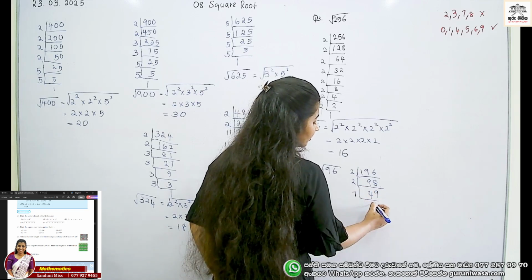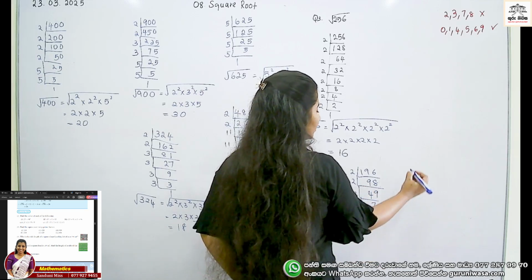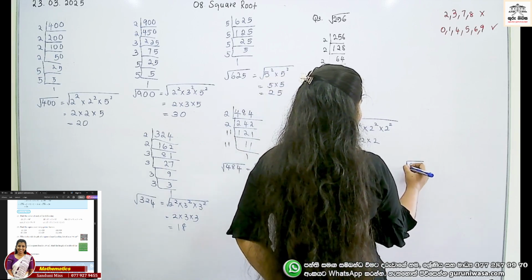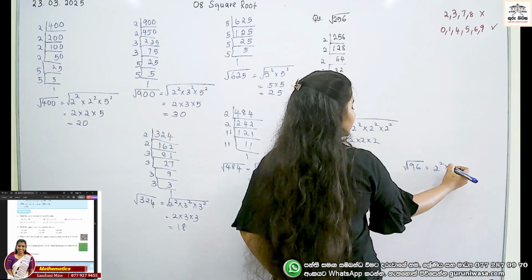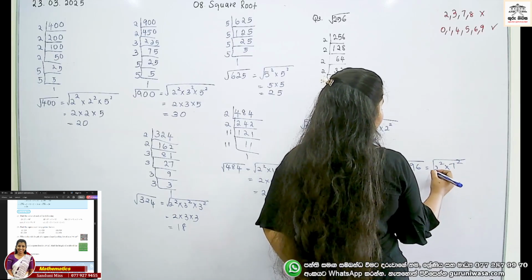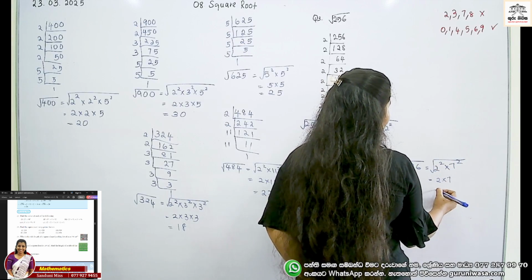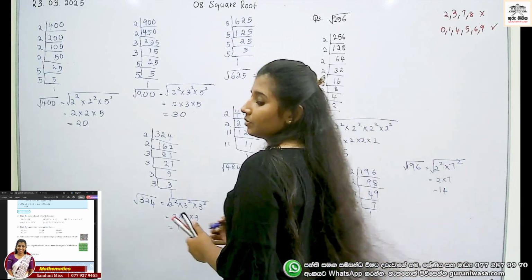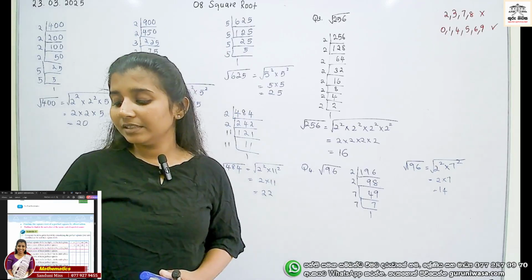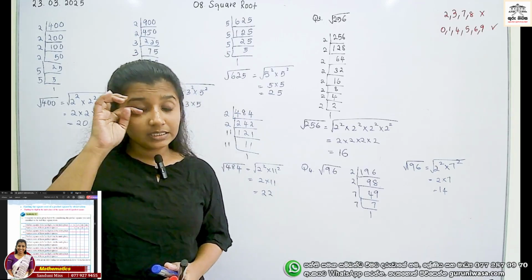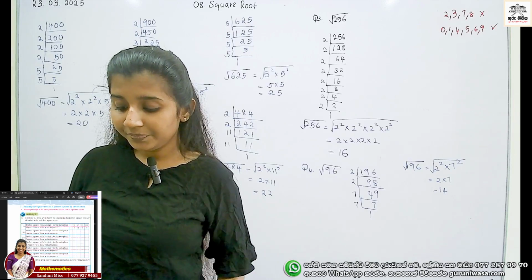Then we have 7, 7, 1. So 196 square root is equal to 2 square times 7 square, which will be equal to 2 times 7 is equal to 14. Right? Then we'll move on to exercise 8.3.